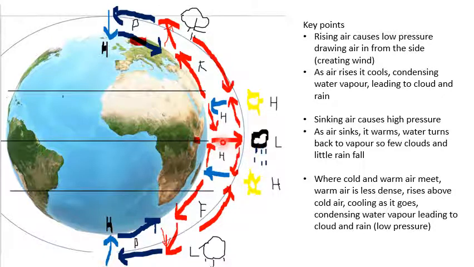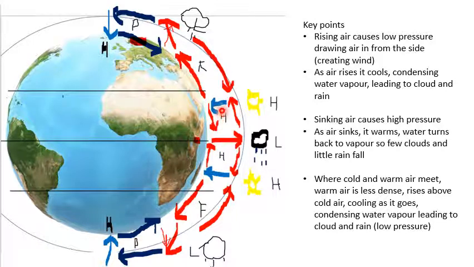As the air rises, this leads to the condensation of water vapor, leading to cloud and rain, which is why equatorial areas tend to be hot and wet because of the low pressure systems, and this is formed around the area where the two Hadley cells meet.